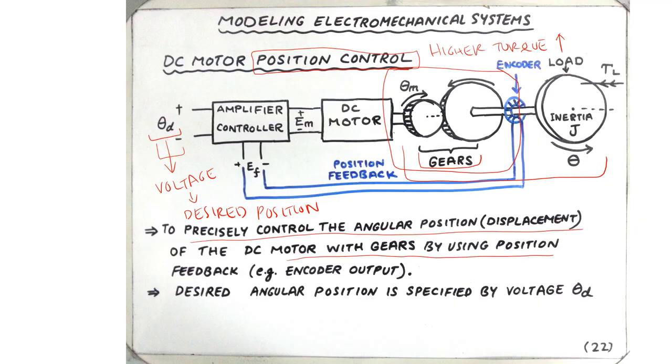Such a position control system necessarily comes with a feedback or requires feedback. In this case, we're going to take feedback with the help of a motor encoder. And as described earlier, the desired angular position is now specified in terms of the input voltage theta d, which is the input applied to the amplifier controller.